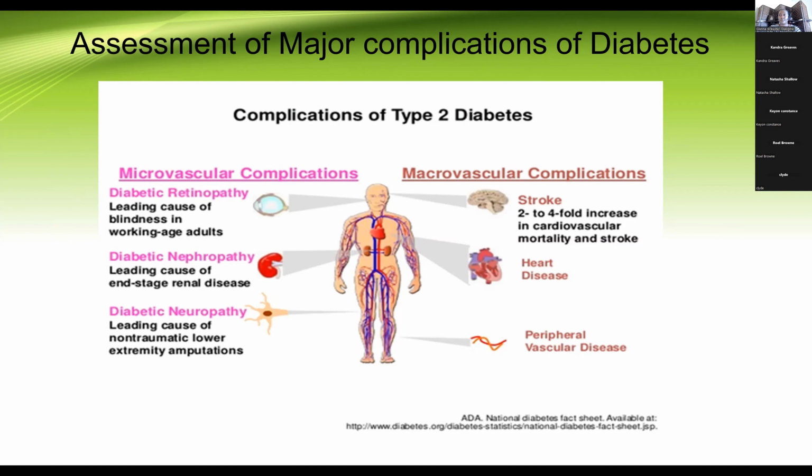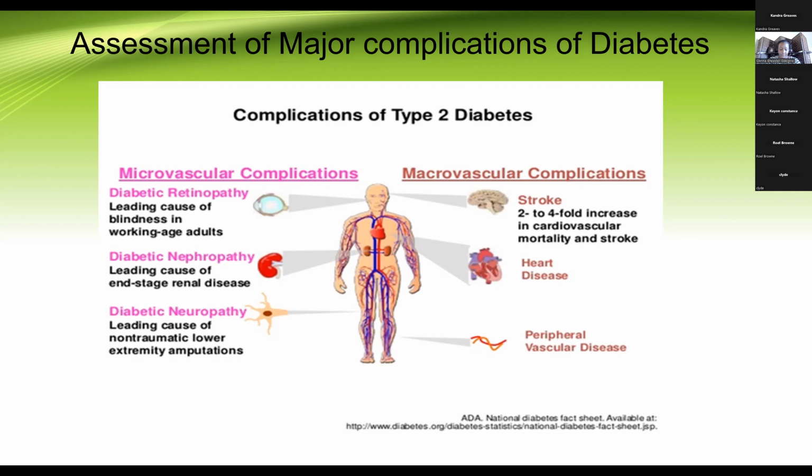The other complication that we have there is diabetic nephropathy. That is one of the leading causes of end-stage renal disease. As we know, uncontrolled diabetes is the number one cause.